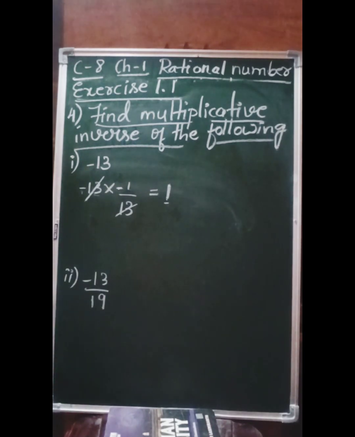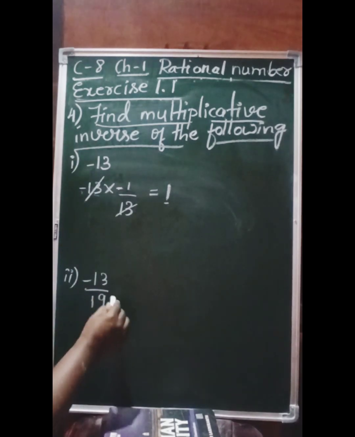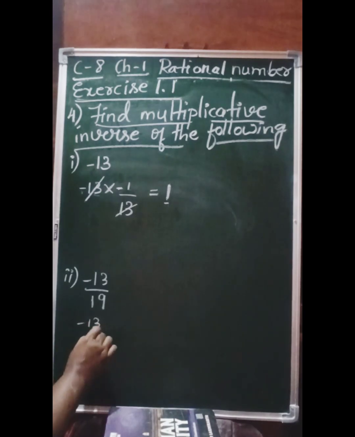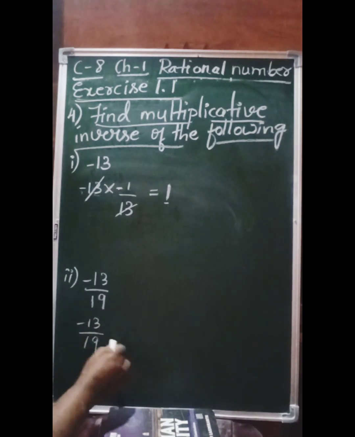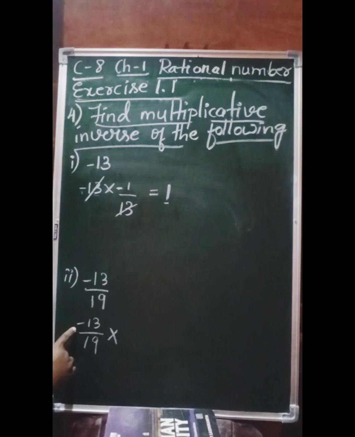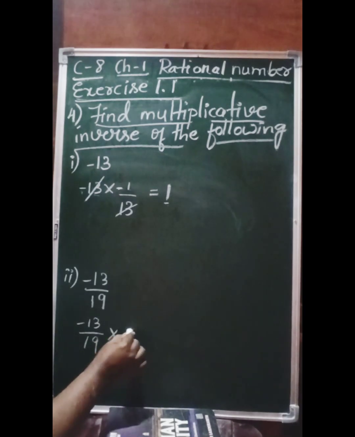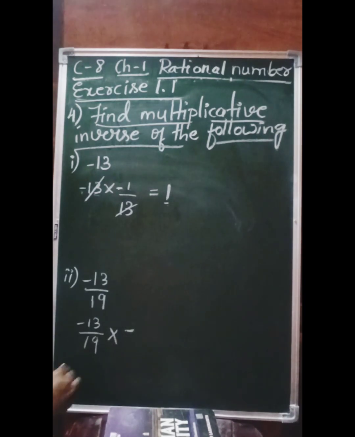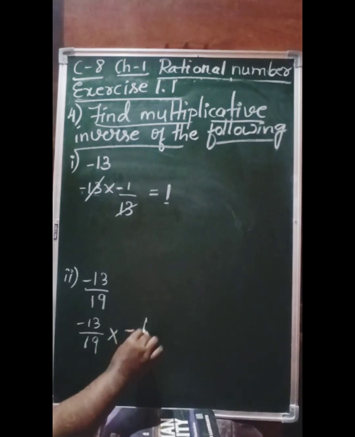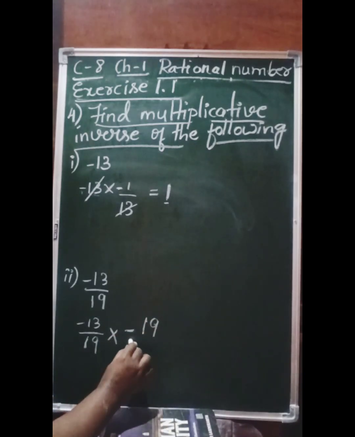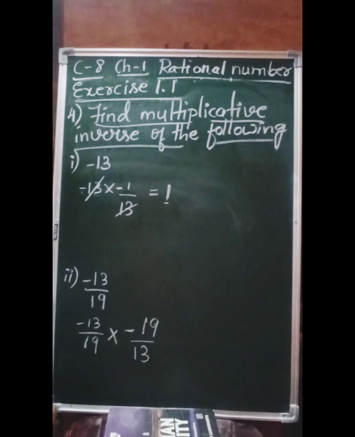Consider the second one, that is minus 13 by 19. How to solve this one? We know that there is a negative term, so we have to consider a negative term only. 19 should get cancelled, so I will consider 19 in the numerator and 13 in the denominator.